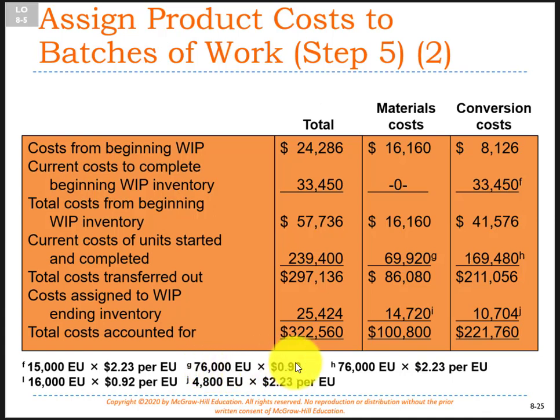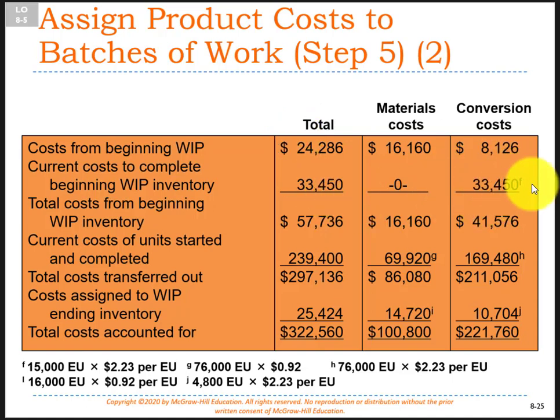76,000 times 92. We're using that 92 cents. 76,000 times $2.23. Remember that 15,000 I mentioned in the other way of doing this. That's how much work had to be done to these units to get them finished before they're ready to be transferred. So this is the same as the weighted average we learned earlier.